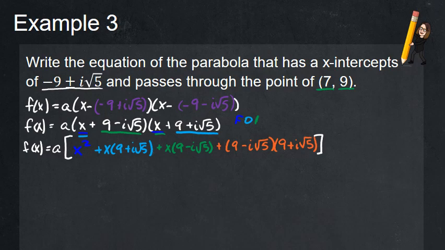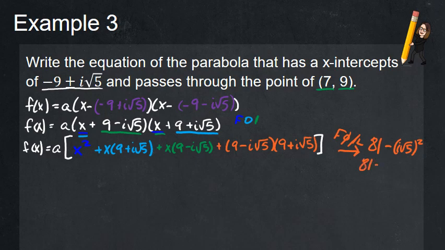Now, as I take a look, it's the same thing, just opposite signs. So when I think about FOILing, I don't need that outer inner. You could do it, but it's extra work. What really matters is first and last. I'm going to do it off to the side here. First is going to be 9 times 9. That's easy. Outer is going to be negative i radical 5 times positive i radical 5, which would be a negative i radical 5 times itself.